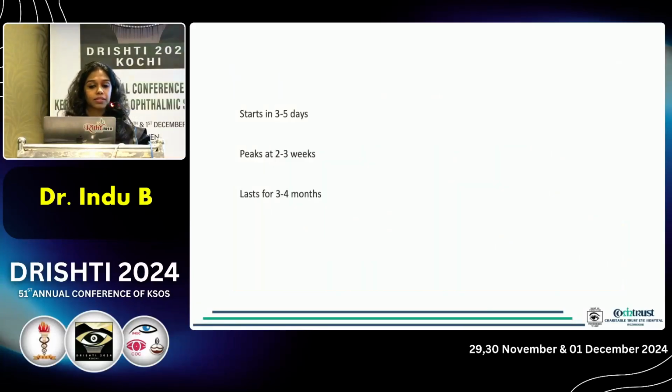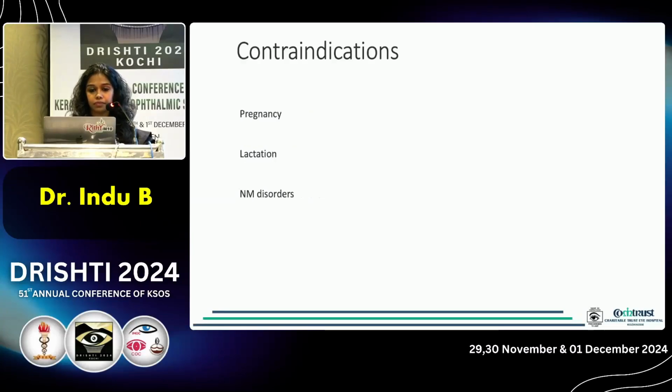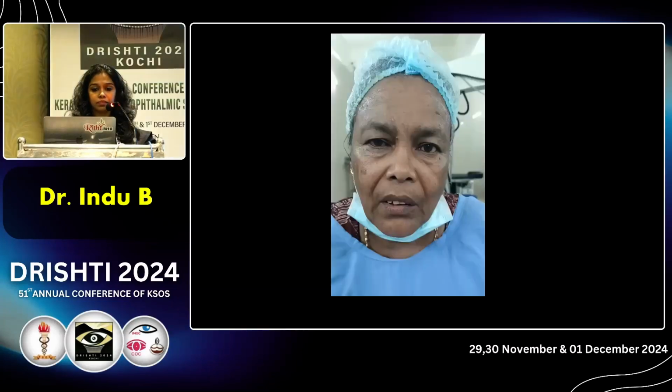The action of Botox usually starts within 3 to 5 days and peaks within about 3 weeks. It lasts only 3 to 4 months, due to regeneration of new axons. There are very few contraindications for botulinum toxin: pregnancy, lactation, and other neuromuscular disorders.